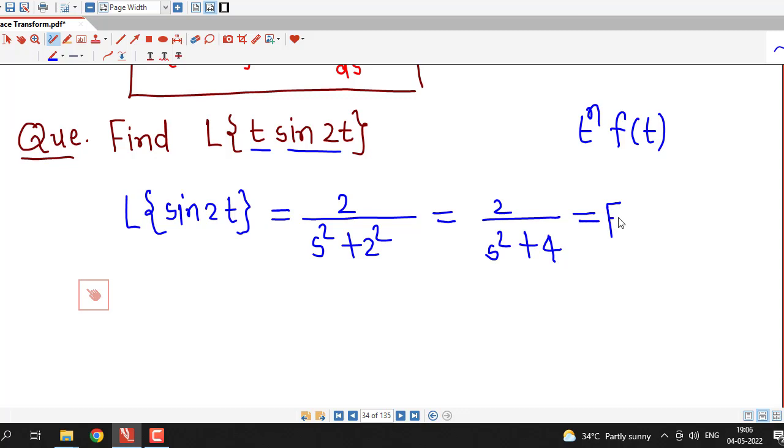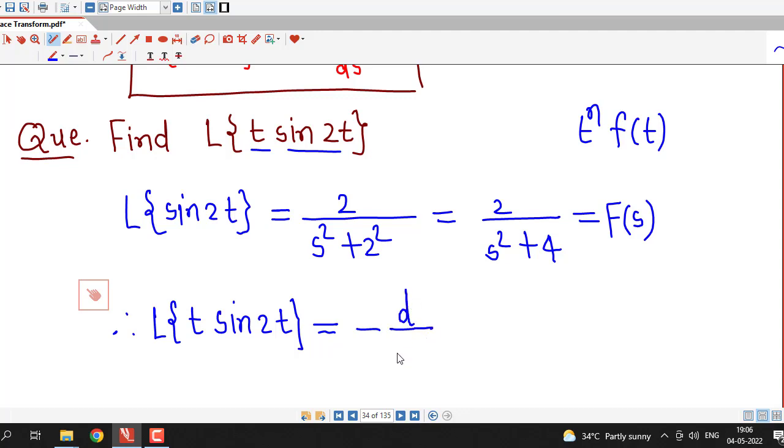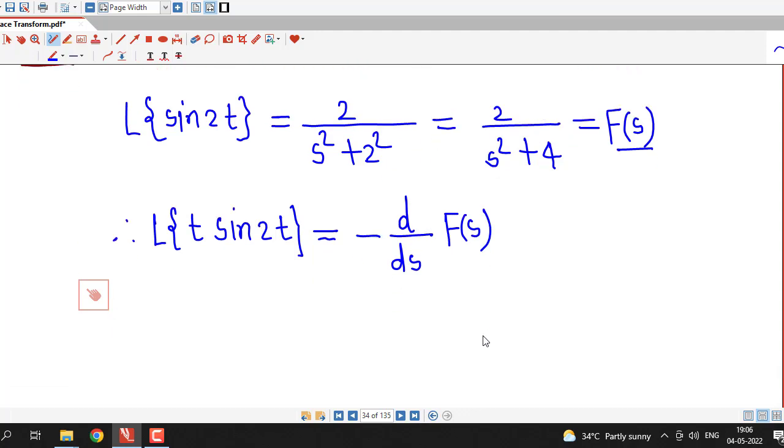This is our function capital F of s. Now here power of t is 1, so therefore Laplace transform of t times sin 2t is equal to minus derivative of this function f of s with respect to s.